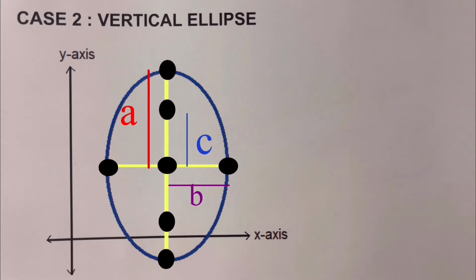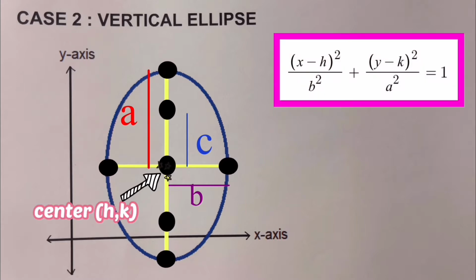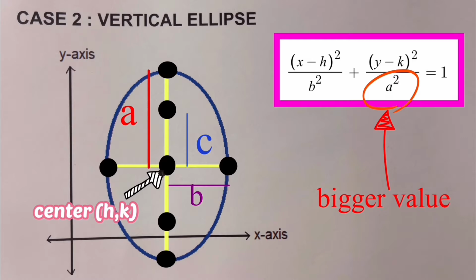Using all these values, the formula for a vertical ellipse is (x minus h) squared over b squared plus (y minus k) squared over a squared equals 1. Our a squared, which is the greater value, is placed under (y minus k) squared, because this is a vertical ellipse.